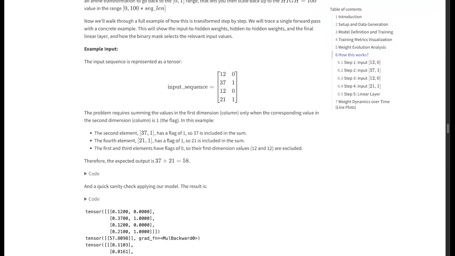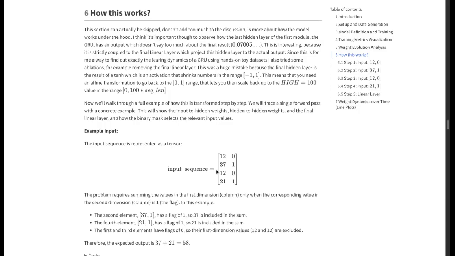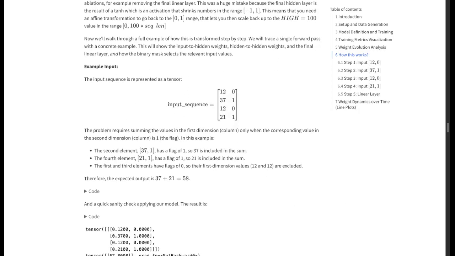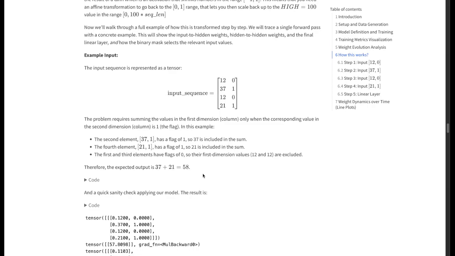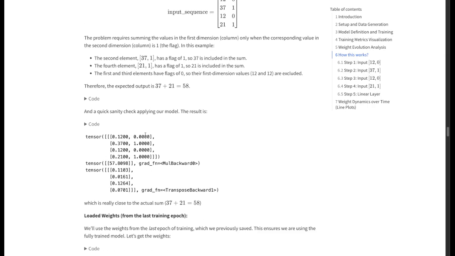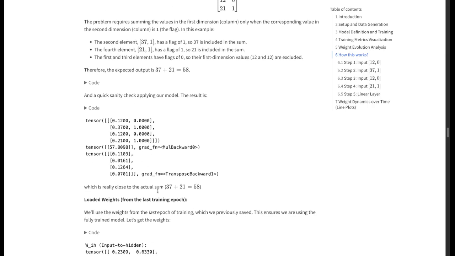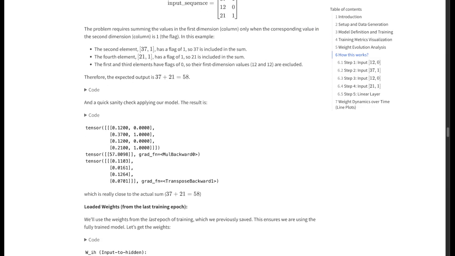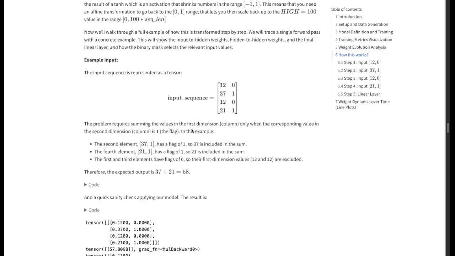Okay, so section 6 is really nothing more than a more thorough explanation of the problem and how the GRU works. This again was more for me to understand better how they work. Here is some debug I will remove after the recording, I guess.